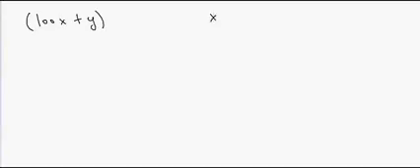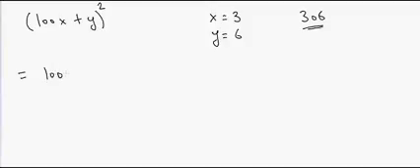So if x is equal to 3 and y is equal to 6, then it will be 306, right? Now if I need to square this number, it will be equal to 10,000 x square plus 200xy plus y square.